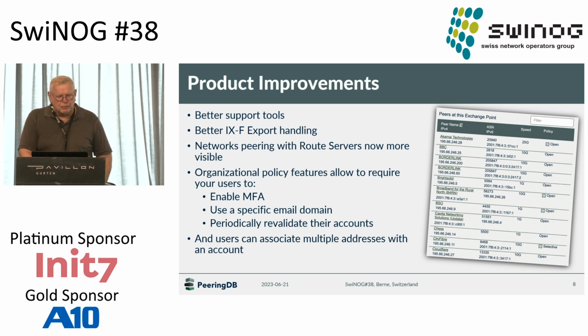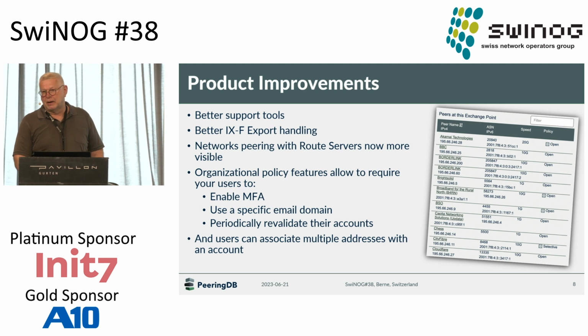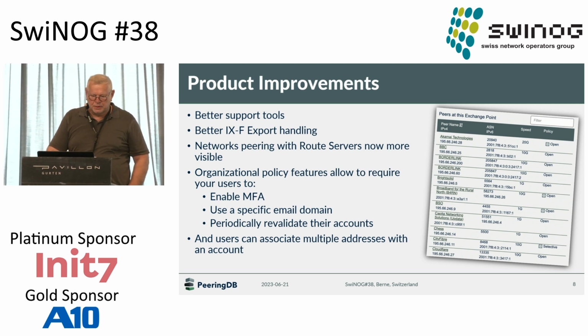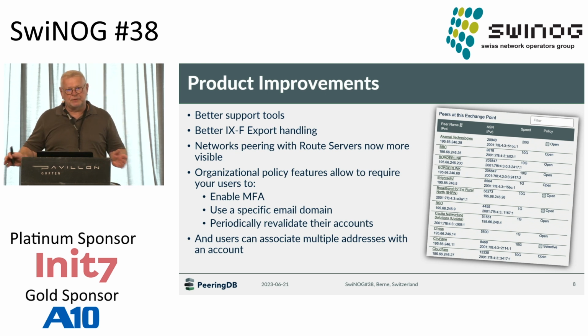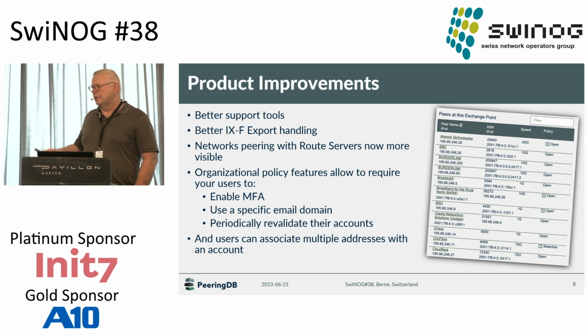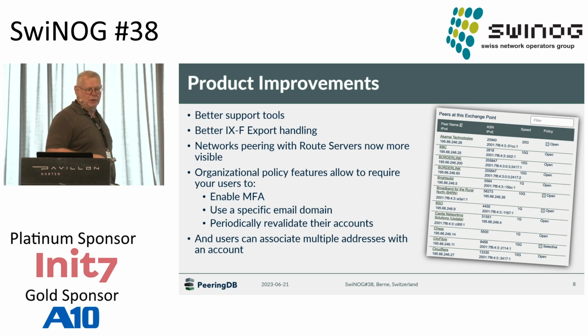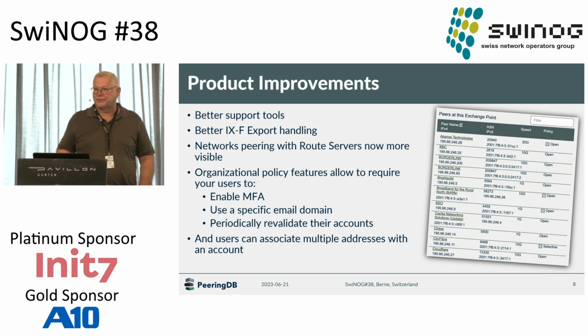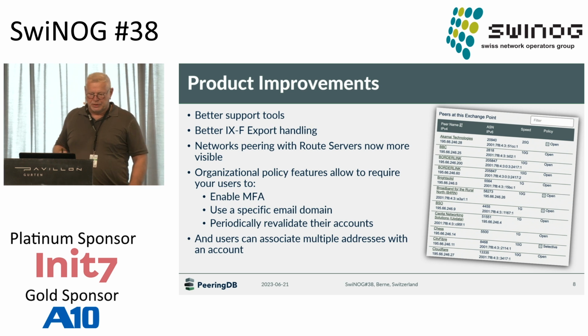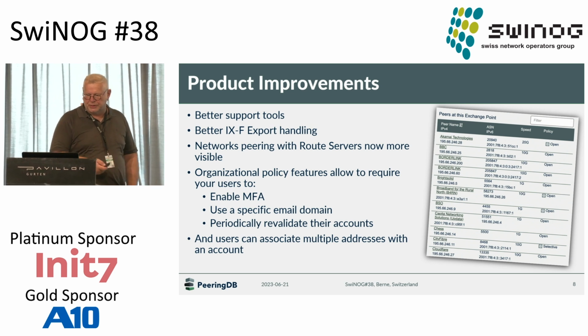And what we also did is enable multi-factor authentication. You can also, as an admin of an organization, specify email domains and say, I only allow newbies to request affiliation with my organization if they match this email domain. And you can also specify that the users have to revalidate their accounts periodically.